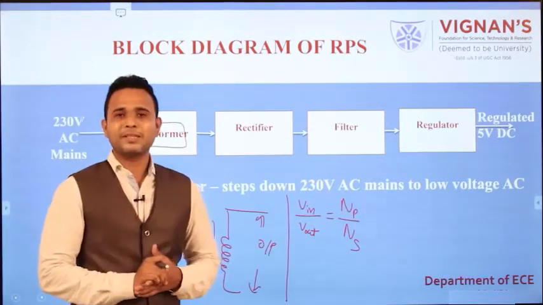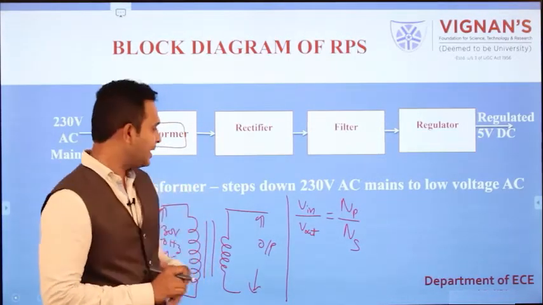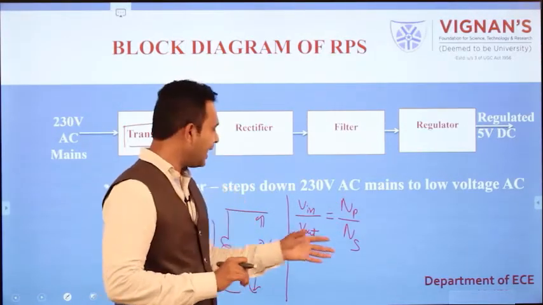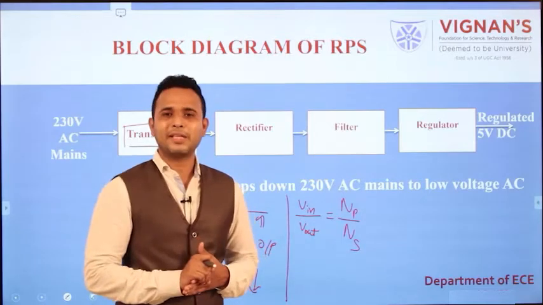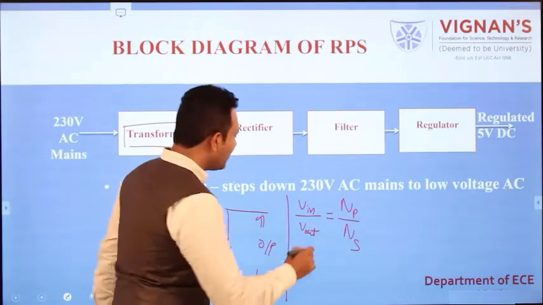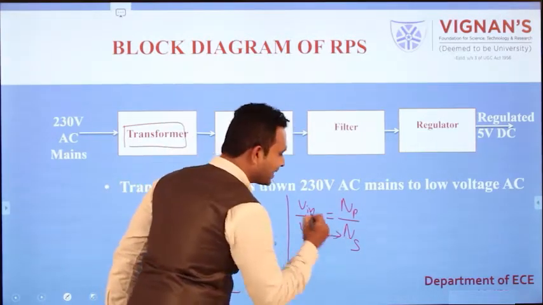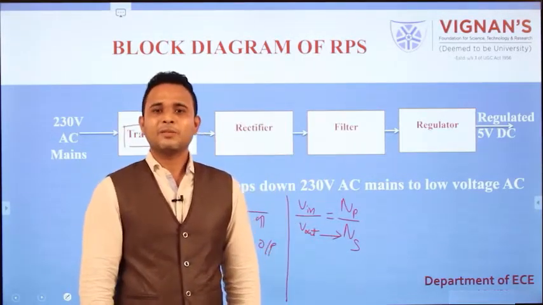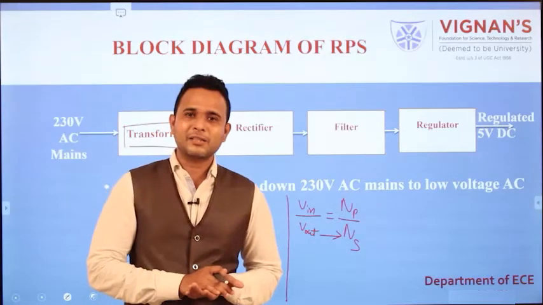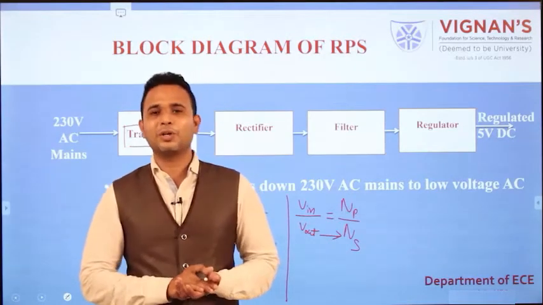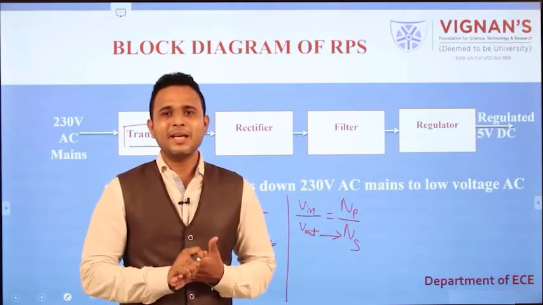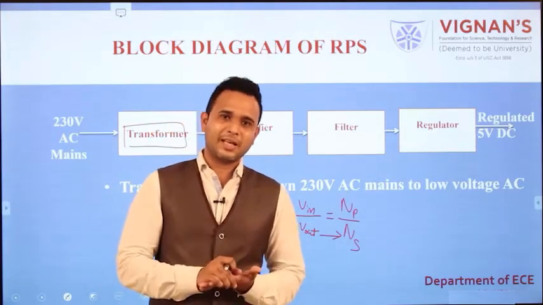V output means our required voltage, NP is the number of turns at the primary, and NS is the number of turns at the secondary. So here V output is directly proportional to the NS windings. If we reduce the windings, the magnitude reduces. When we increase the windings, the magnitude increases.